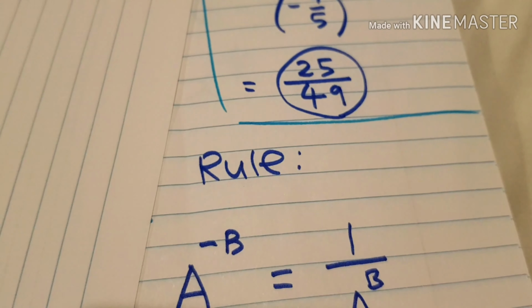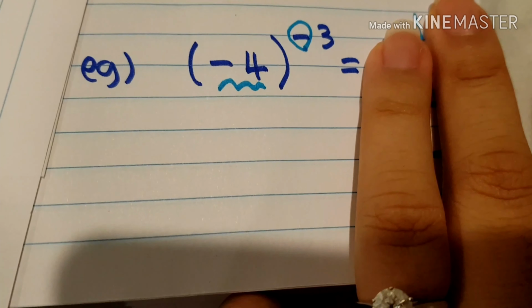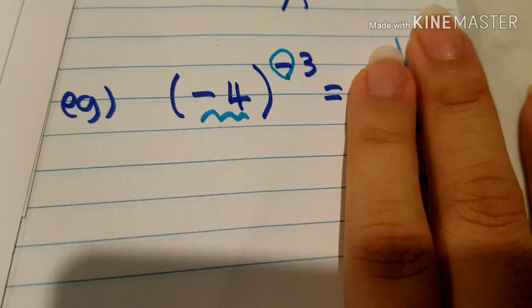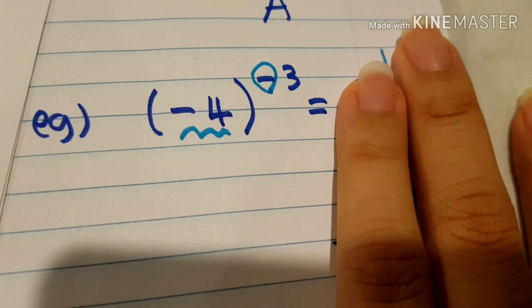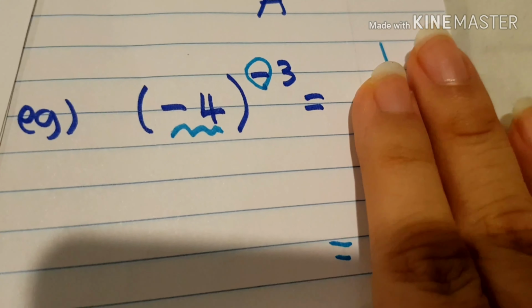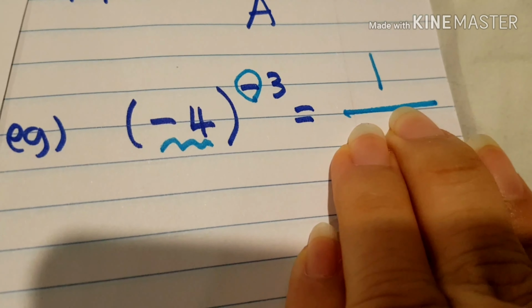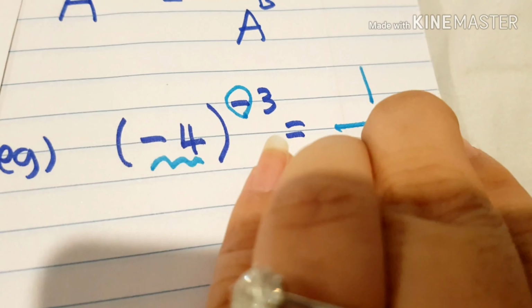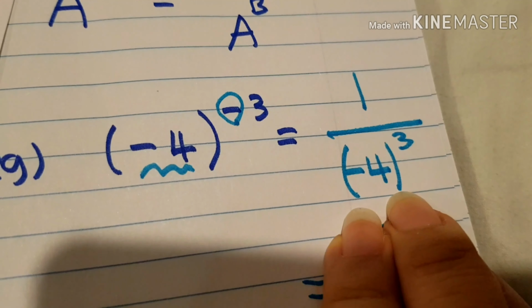Okay, then let's have a look at this one. It's again a negative power, negative 3: negative 4 to the power of negative 3. As soon as I see a negative power, I go 1 over, and I'm going to ignore that negative power and write the rest of it, negative 4 to the power of 3, at the bottom.